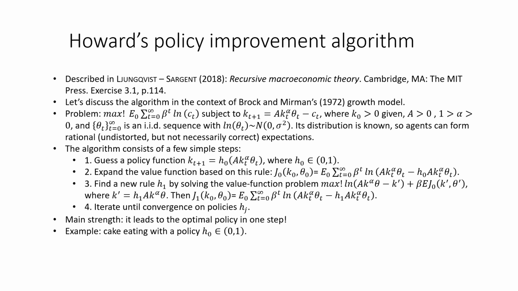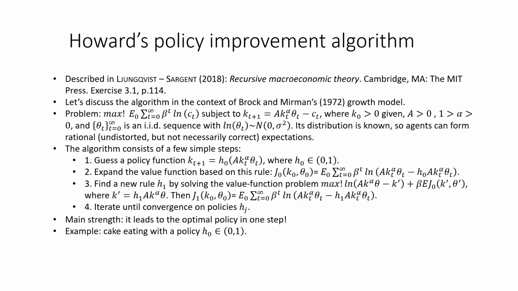The algorithm consists of a few simple steps. First, we guess a policy function in the 0-1 interval. So simply it means that based on this policy rule, we save a certain share of period t output as next period's capital stock.